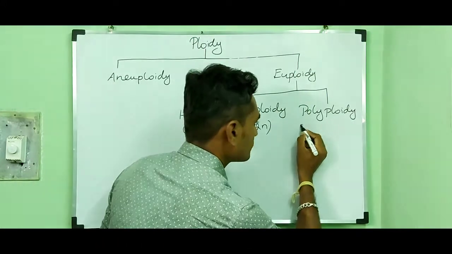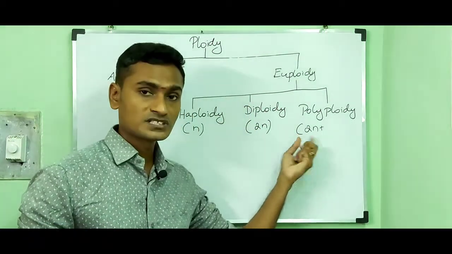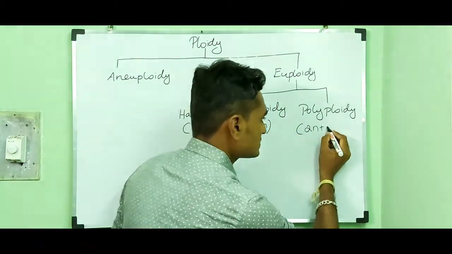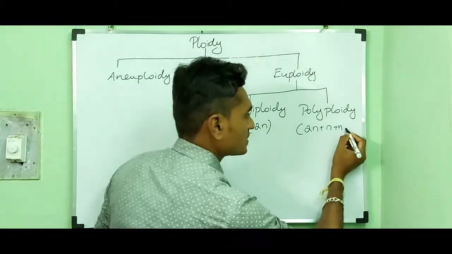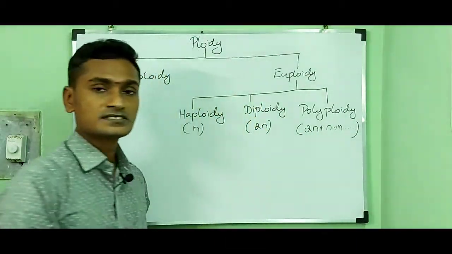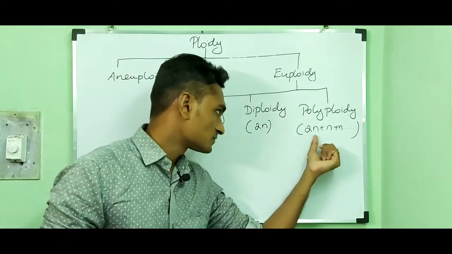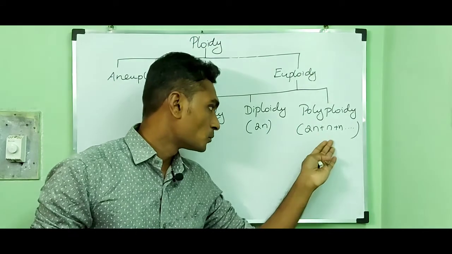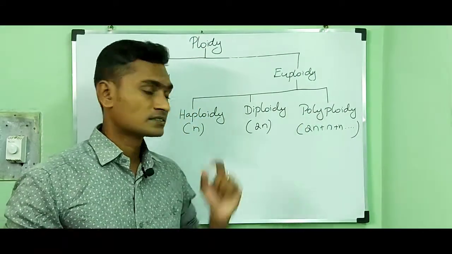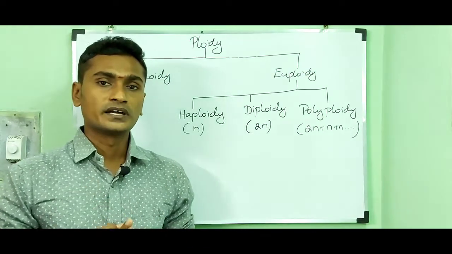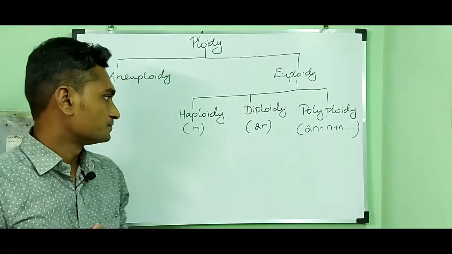So here the diploid 2n chromosomes are added by n sets of chromosomes, again n sets, and it goes on. That organism is said to be a polyploid organism.